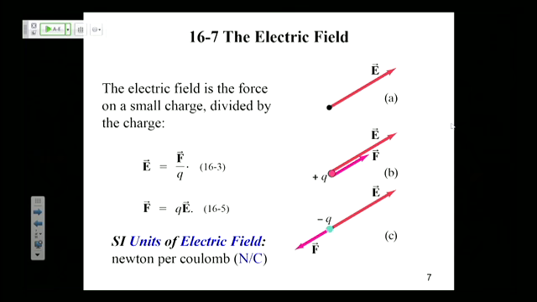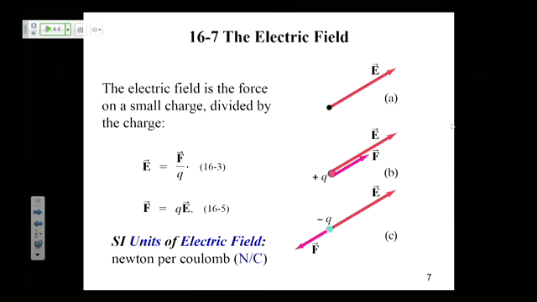So instead of saying a charge acts on another charge and using Coulomb's law to calculate the force, now we will say that a charge or a group of charges creates a field, and that field acts on any charge once the charge is in the premises of the field. So it is a development of the concept of Coulomb's law. But as we will see, it allows us to do more.